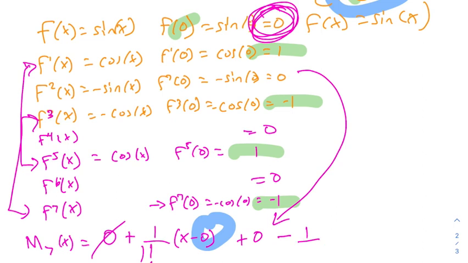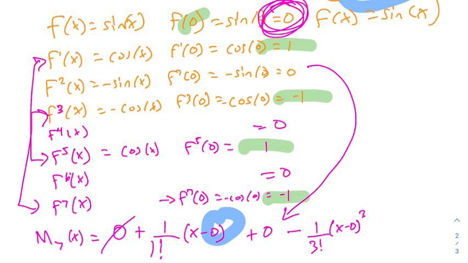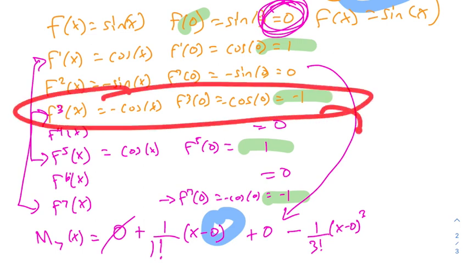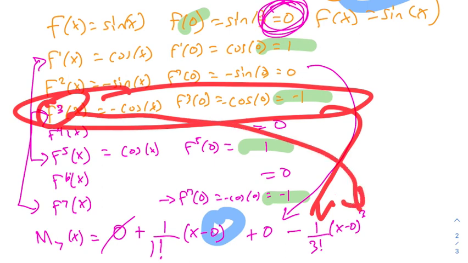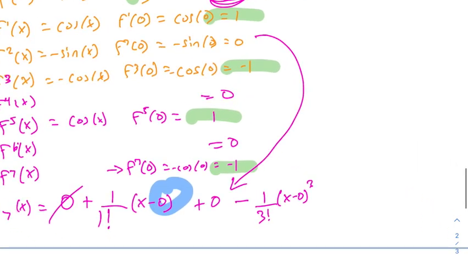Not my third term, my third derivative. Over 3 factorial x minus 0 to the third power. Because right here, this minus 1 was my third derivative. So on evaluating the function's derivative, it goes n factorial, and it goes as the power on the x's.